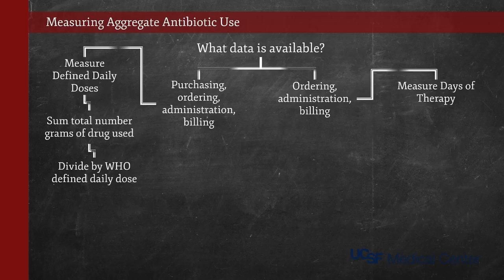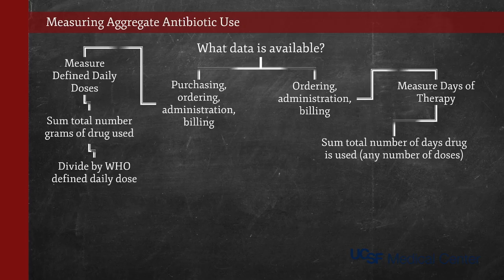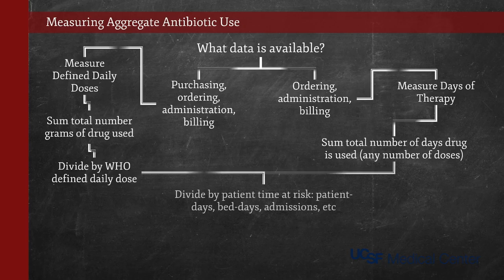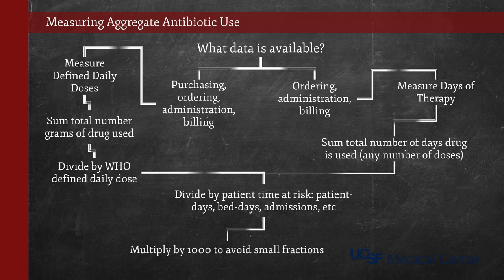Days of therapy involves summing the total number of days that a patient received any number of doses of a drug. Both are then adjusted for some measure of time at risk, such as patient days, bed days, admissions, etc. These numbers are then typically multiplied by 1,000 simply to avoid small fractions.